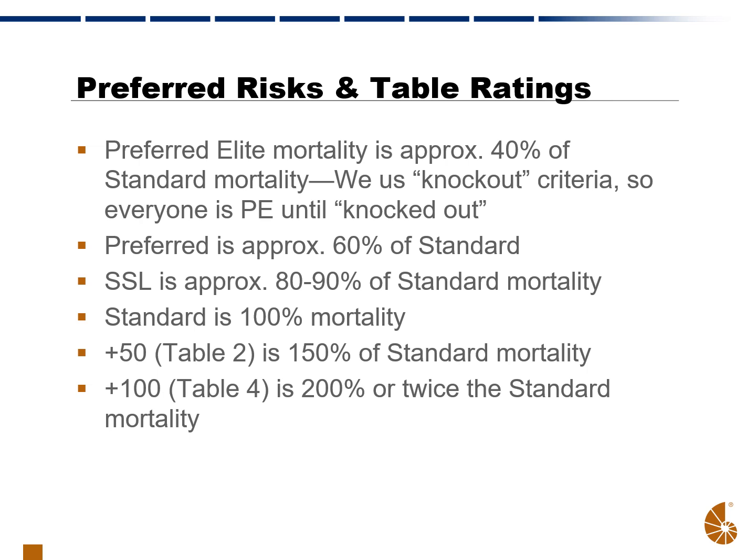Everyone starts at preferred elite, the best possible risk class, and then we knock them out of that with anything that we note in the attending physician statement or in the requirements that are obtained when underwriting the case. So people are preferred elite until they're knocked out of it.